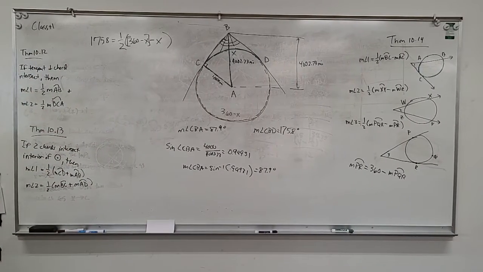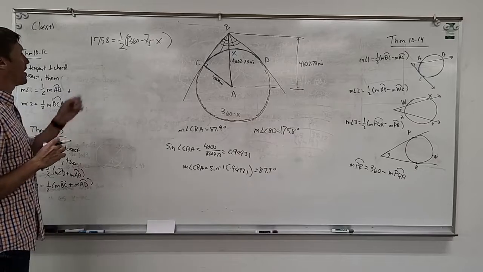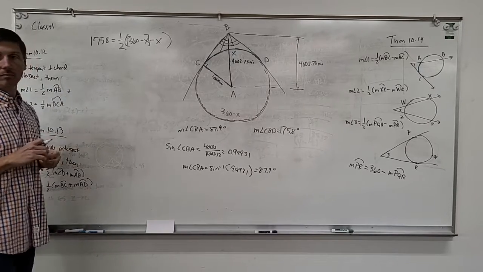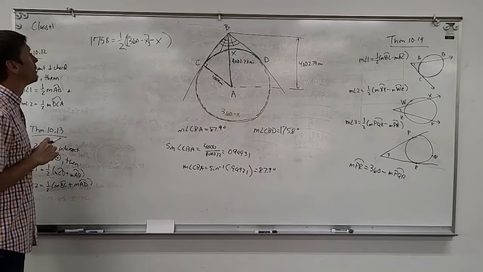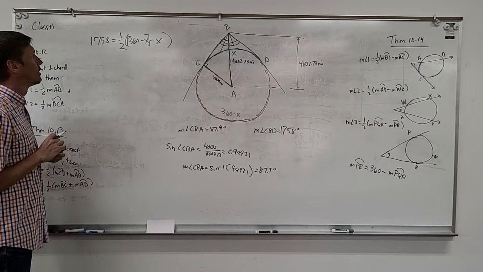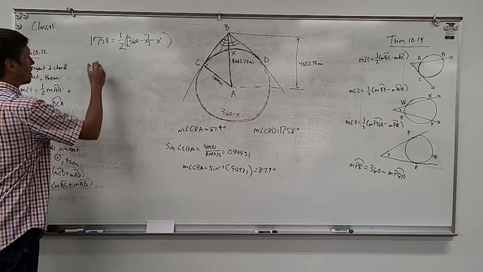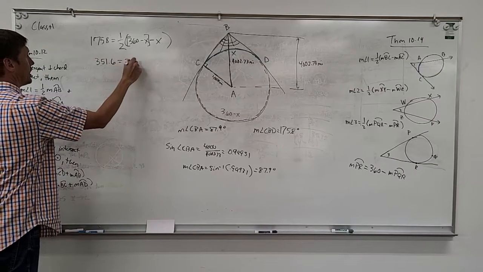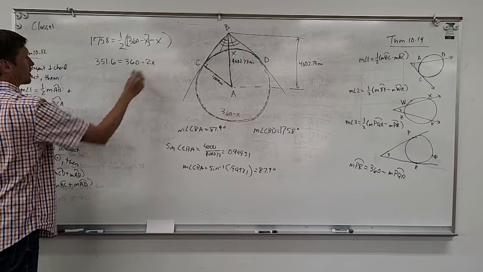Whew! Wow, this is intense, right? So long. I don't know why I picked this problem. What's 175.8 times 2? It's 351.6. 351.6 equals 360 minus 2x, right?